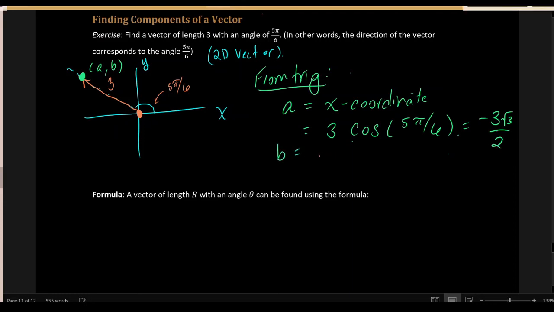The y component of the vector, which is equal to the y coordinate of the terminal point, is the same thing except with sine of the angle, sine corresponding to the y value. So in this case we would have 3 times, I think, positive 1/2, 3 over 2.